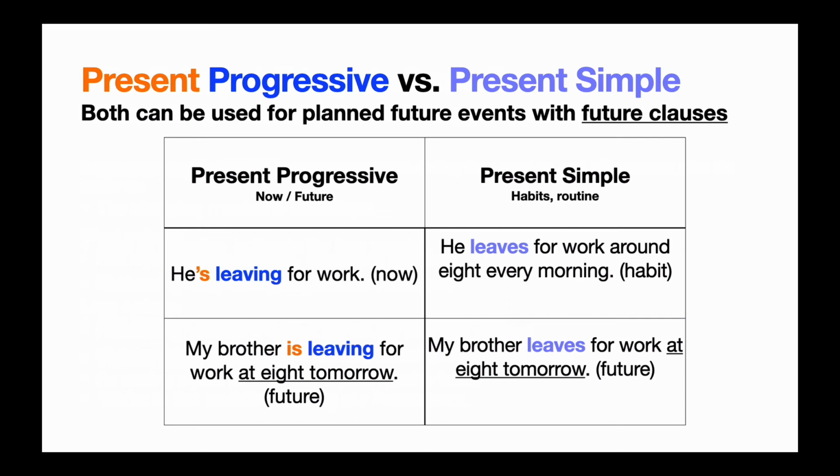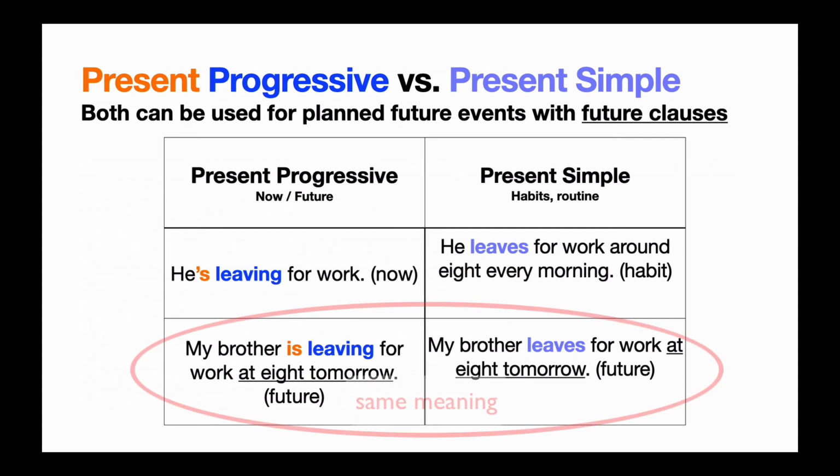However, both can be used to describe future events if a future clause is used. So in the second line, my brother is leaving for work at 8 tomorrow, that means in the future. And the same thing is true with the present simple tense. My brother leaves for work at 8 tomorrow, that's also future. So in this example, when we talk about the future, we can use present progressive or present simple.